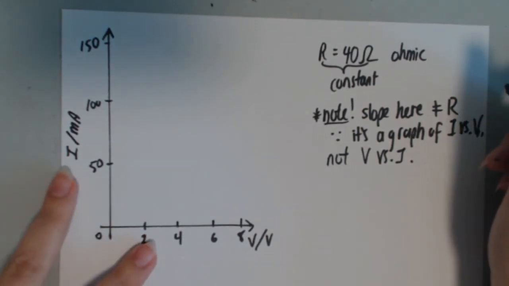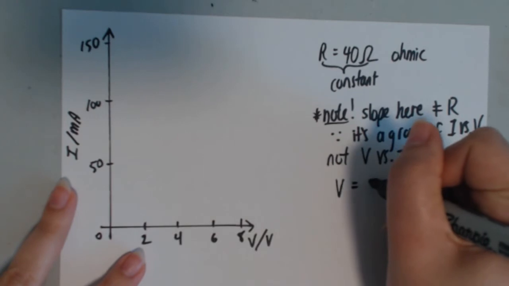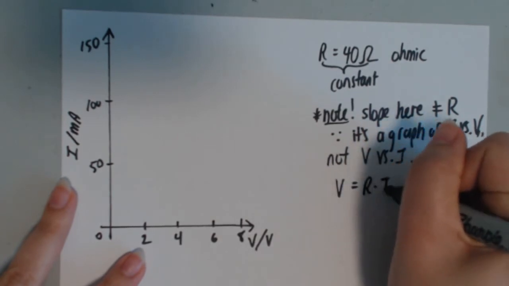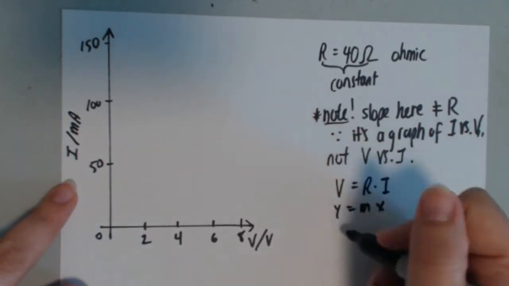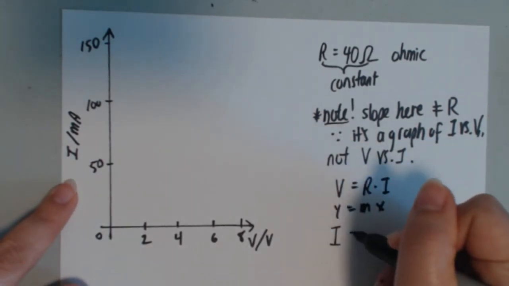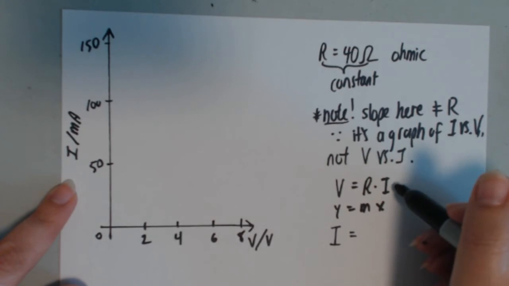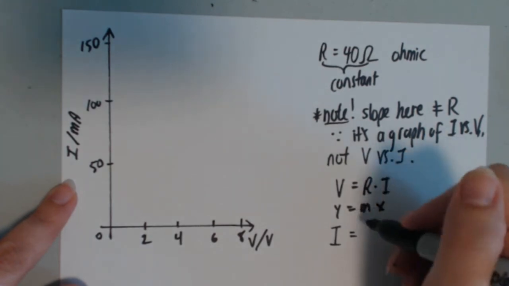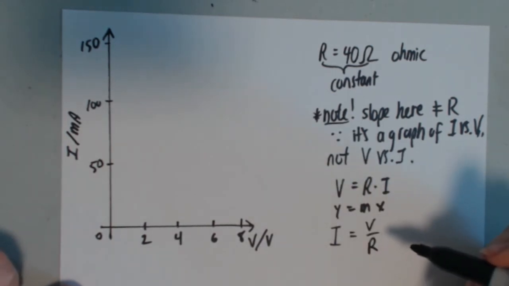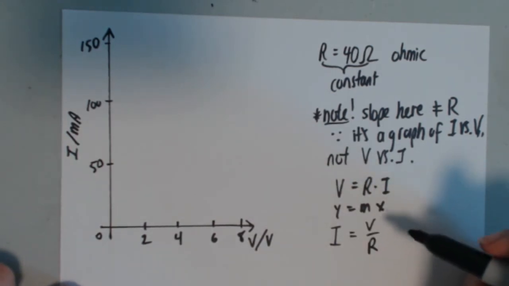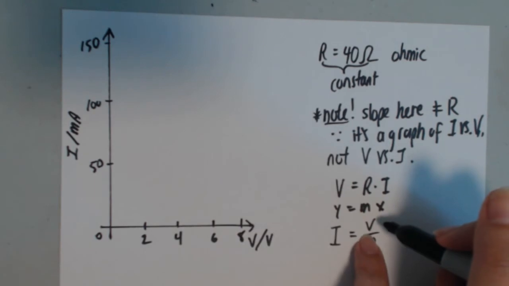Okay, now let's try to find a relationship here. So just as before, we would have had V is equal to R times I, right? So y equals mx. Here we have I as the dependent variable. So we're going to have I is equal to, and if we rearrange this formula for I, what do we get? We get V divided by R. Now, before you look at that and say, that's not a straight line, well, it is actually, because your independent variable is here.